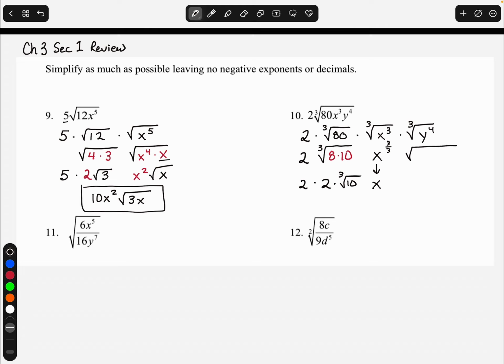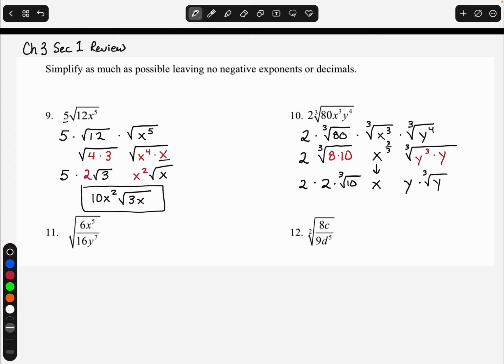And then our y to the 4th, we're going to break that into y to the 3rd times a y. Don't want to forget my index there, my cube root. So we know the cube root of y to the 3rd gives us a y, and then we'd be left with a cube root of y.